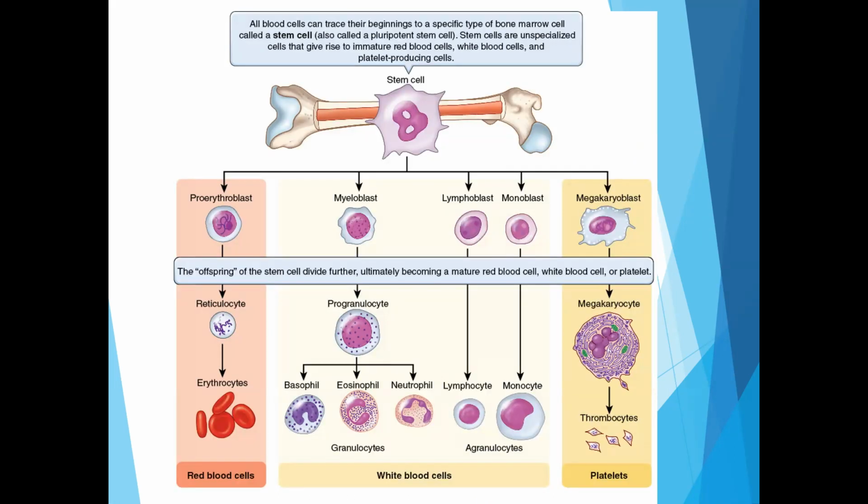Okay, so this slide has a little more info on it than you actually need to know. As we said, our blood cells start as the stem cell. That's our unspecialized cell, so it's going to give rise to these immature cells initially. You do not need to memorize this whole chart by any means.